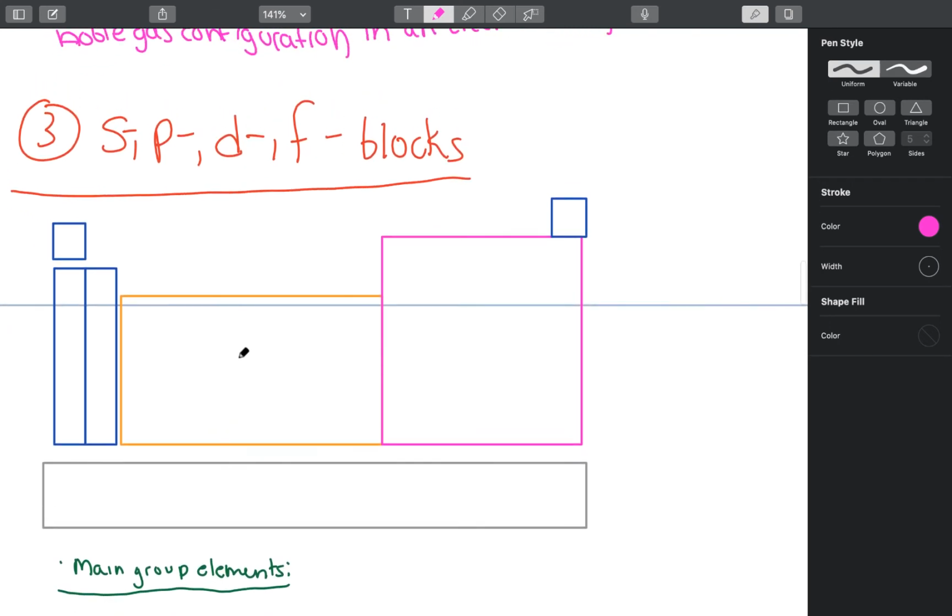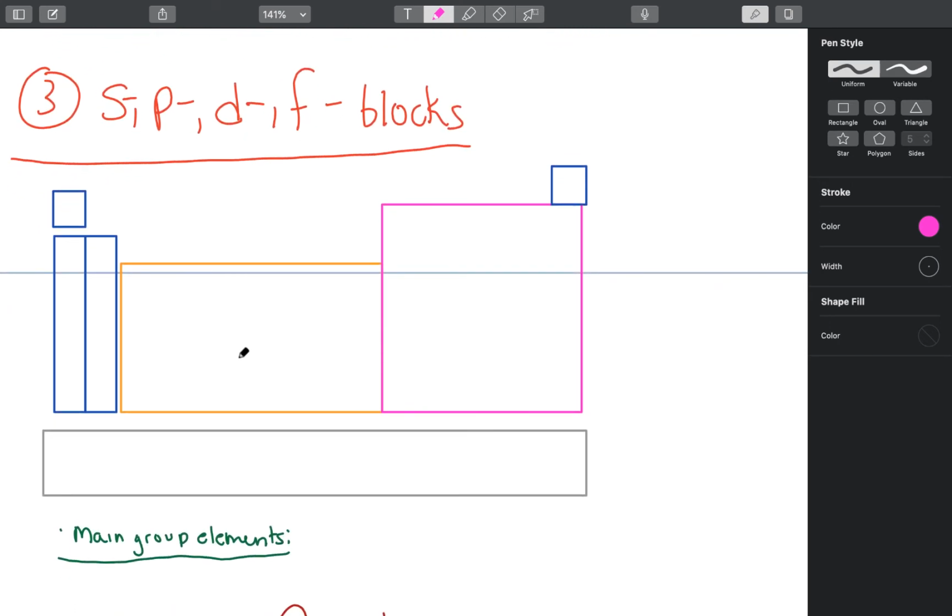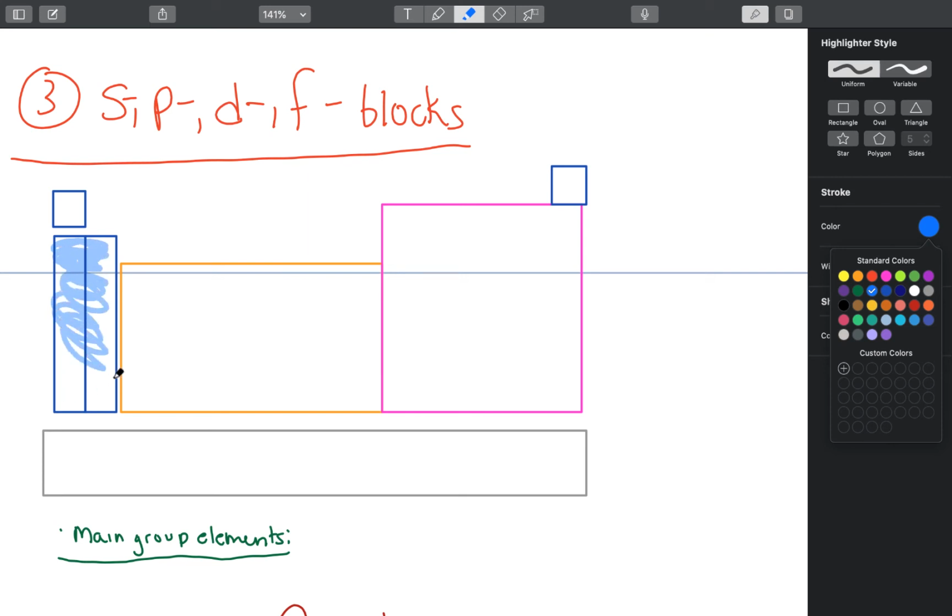So there's actually a way in which you can help yourself fill out these electron configurations, and that's by identifying the S, P, D, and F blocks. So let's begin with identifying what each of these means. So the first is the S block, and the S block is, I'm going to shade in blue. So the S block will be shaded in blue, and the S block basically consists of your group 1 and group 2 metals.